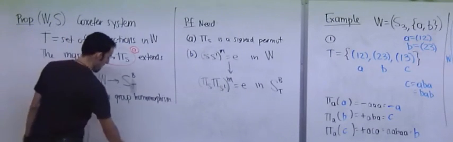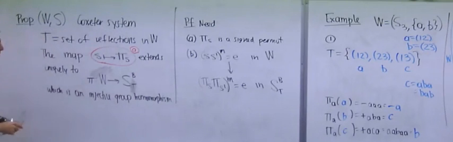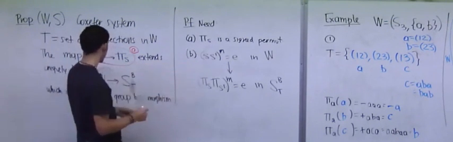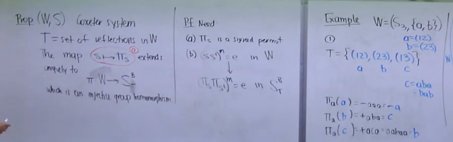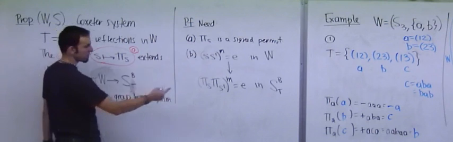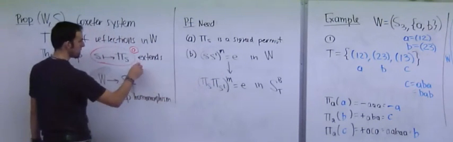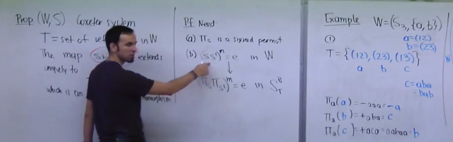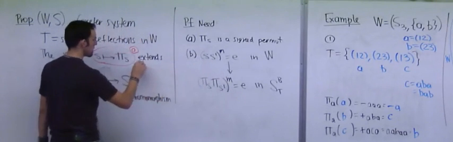Now, you'll see that because of a problem that you have in your homework, once you prove this, you've proved almost everything here. Because one of the homework problems says that once you have a relation like this, in other words, once you find elements of a group that satisfy the same relations as the Coxeter group, then you have this for free.